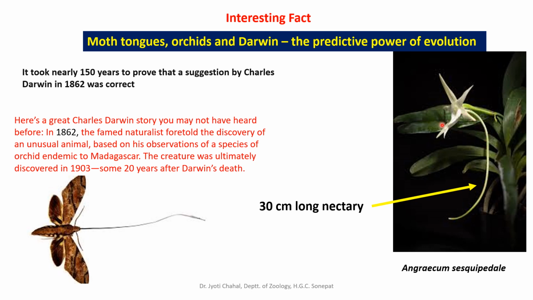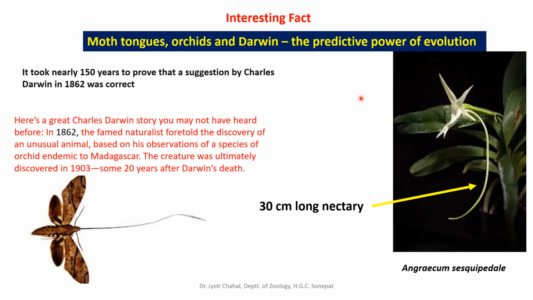So Darwin proposed that there must be some moth with a similar length of proboscis. That must be the pollinator for this flower, and that must exist somewhere.